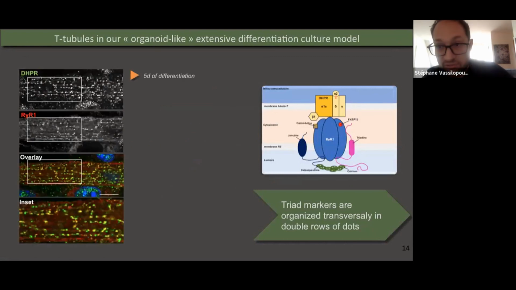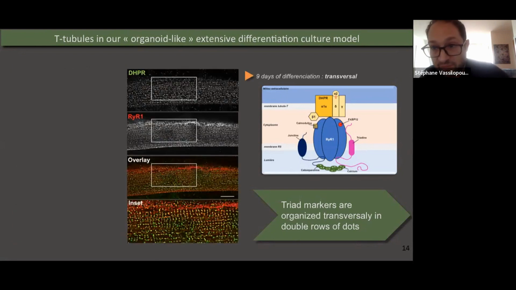And what is interesting, if you look at these two proteins that I mentioned before, the DHPR and the ryanodine receptor calcium channels, when you do these experiments for 5 days of culture, both DHPR and ryanodine receptor are overlapping in these cluster-like structures. You see here, they are not particularly organized except for maybe some longitudinal organization.